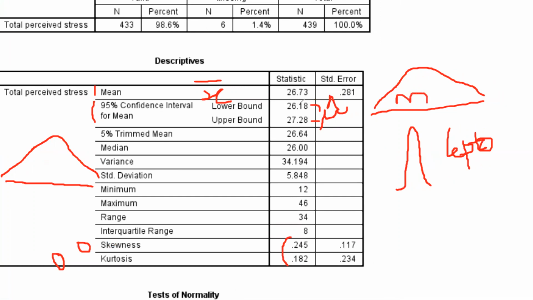The third distribution is platykurtic, a flat distribution.